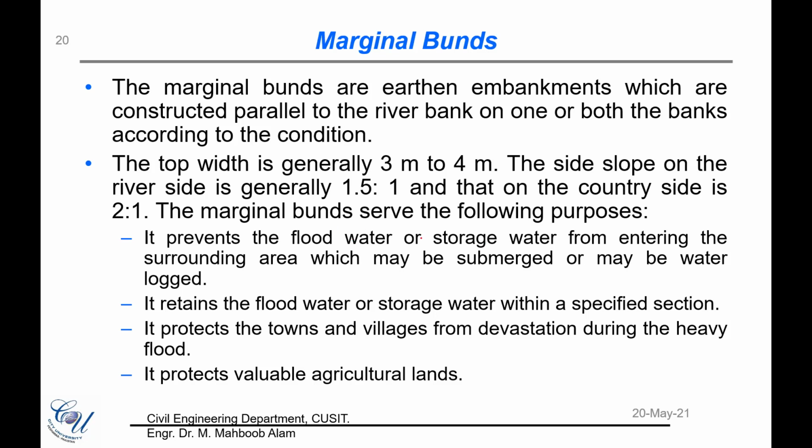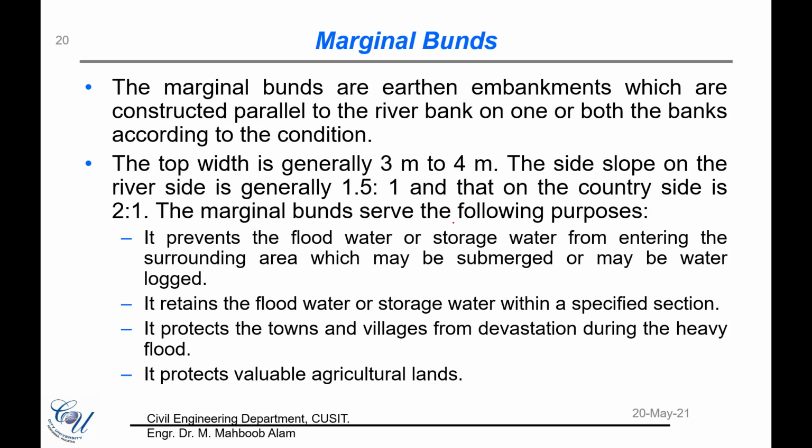So the slope on the river side is smaller as compared to the slope on the countryside. As is understandable, the main purpose of the marginal bund is that we want to ensure that the flood water or the normal storage water does not enter the areas where there is any kind of population or structures, the roads, the buildings, or any other kind of structure. It also helps us in controlling the seepage in the areas.